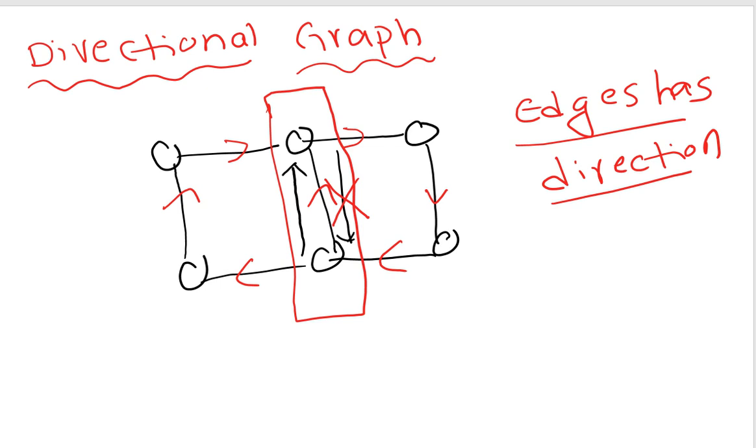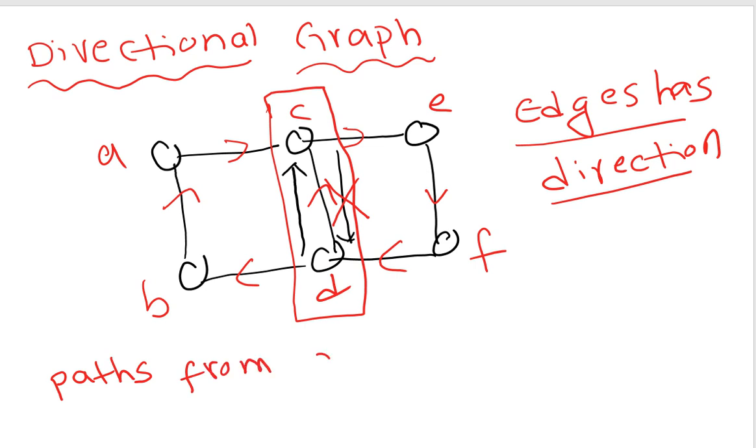Let me name the nodes A, B, C, D, E, F. What are the paths from A to F?